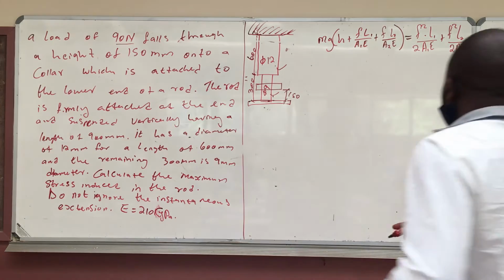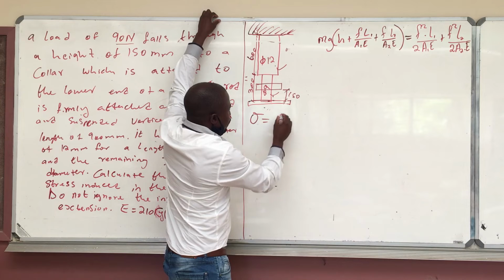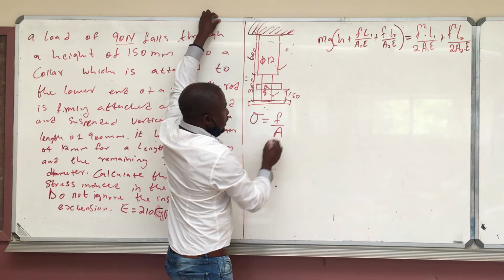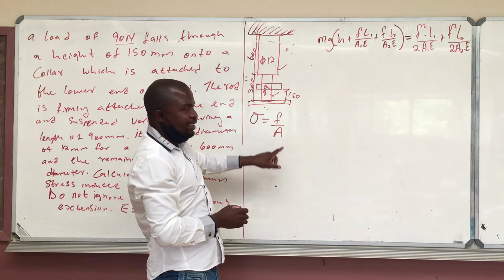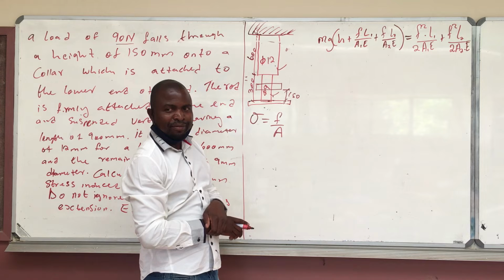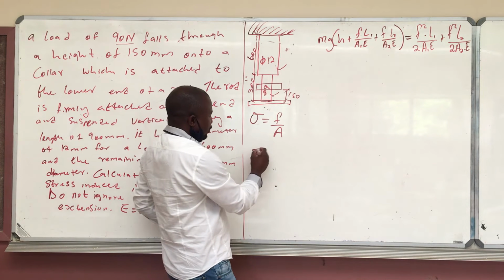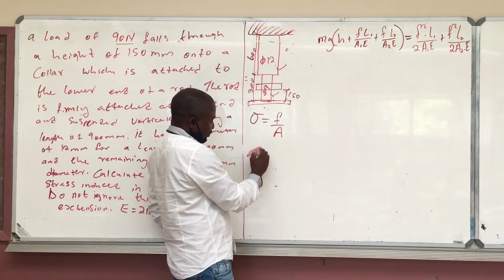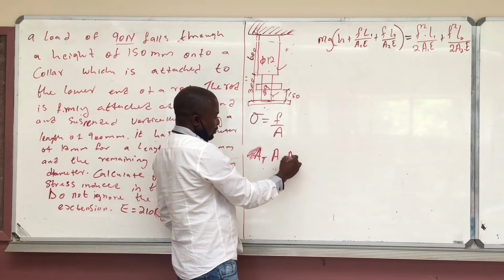So okay. We said stress is equal to force over area, meaning we should find the areas. So which area here? Is it the total area? Mathematically, can we say total area for these two is equal to area 1 plus area 2?